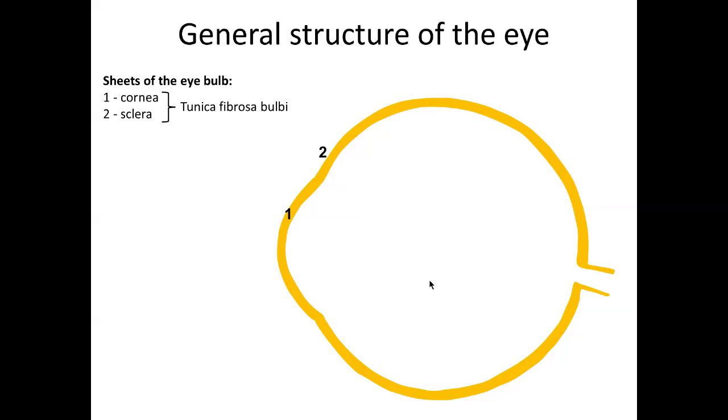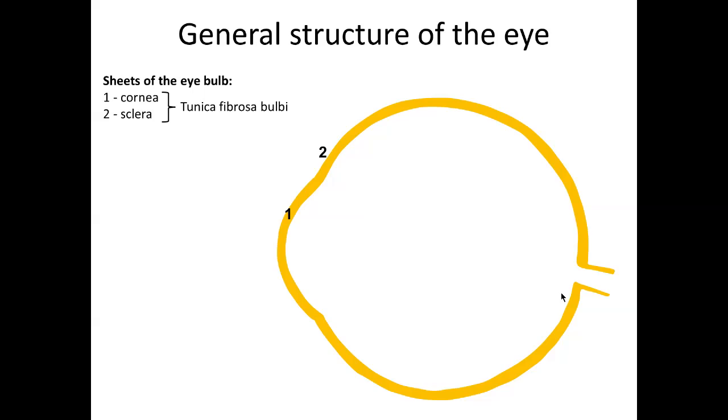Now we can't see the optic nerve itself, but nevertheless we can see its sheet, perineurium, and we can say that perineurium and tunica fibrosa bulbi are a single complex.